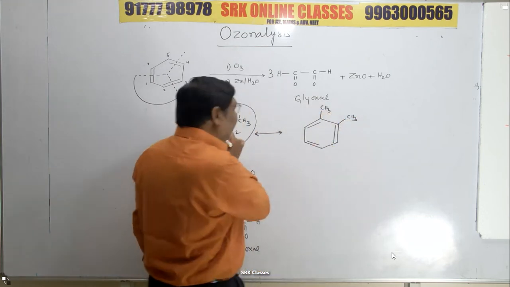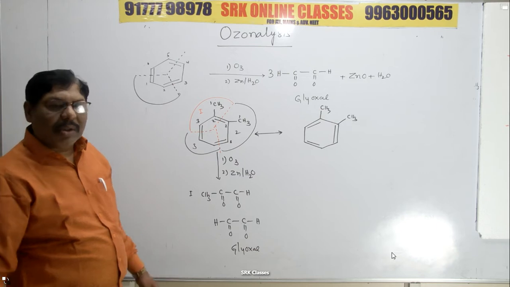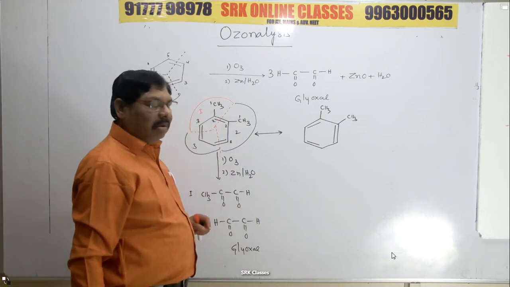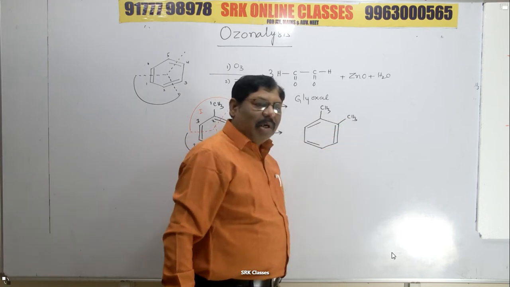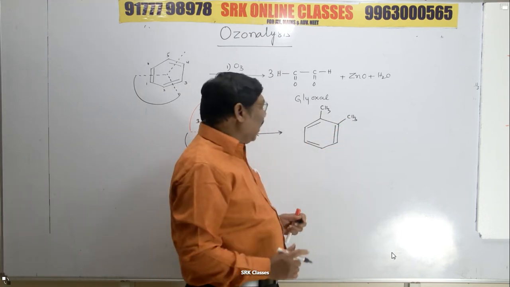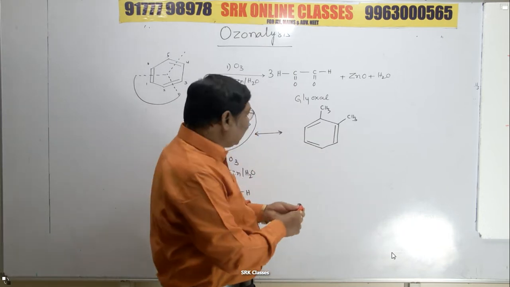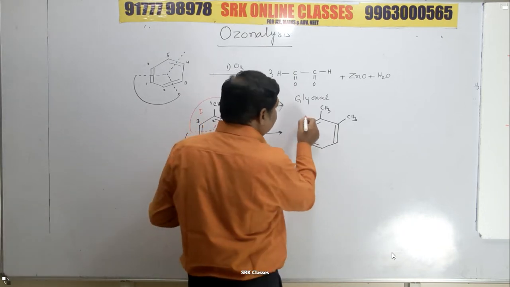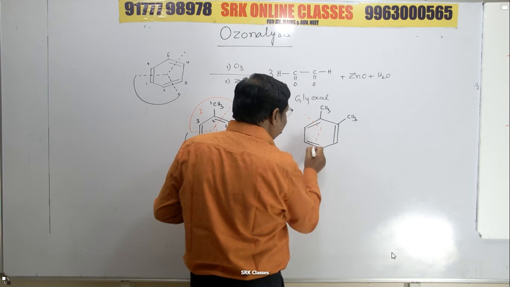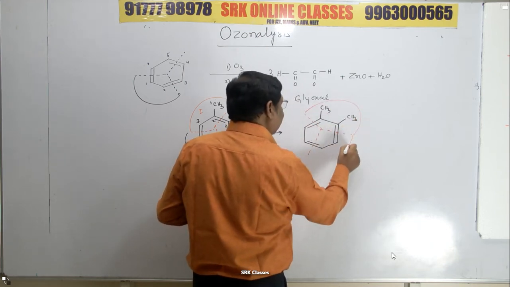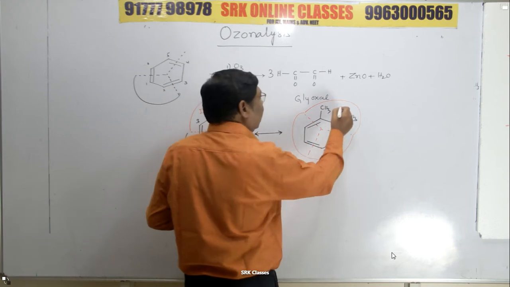What is the difference between these two? Both are orthoxylenes only. But here, the methyl groups are attached with a double bond. Here the methyl groups are attached with a single bond. Now what are the products? If orthoxylene has this structure, the products I am writing. Cleavage will be like this, second cleavage, this is the third one. This is the first product, this is the second product, this is the third product.